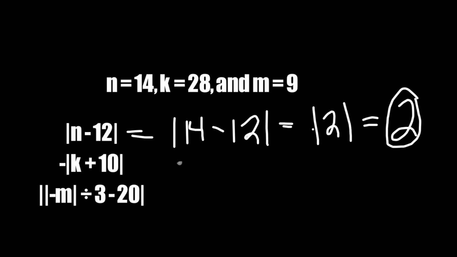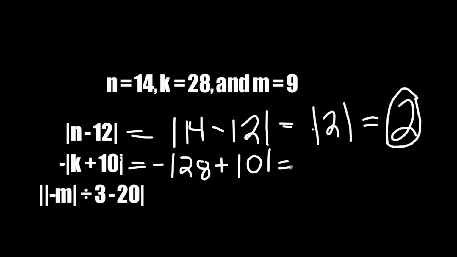Let's move on to example number 2. Negative the absolute value of k plus 10. So k equals 28. So let's rewrite this as negative absolute value of 28 plus 10.